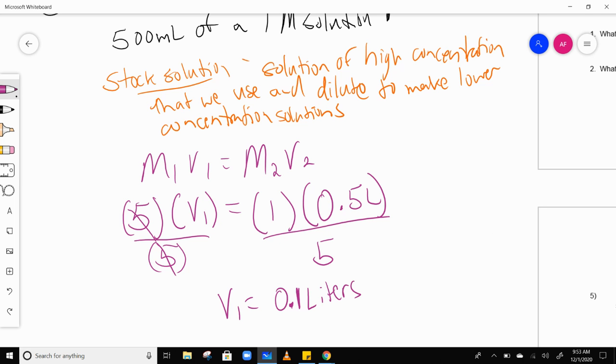So what we need is 0.1 liters of the stock solution.